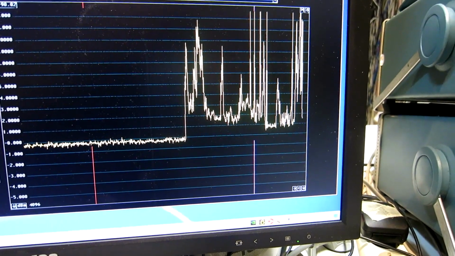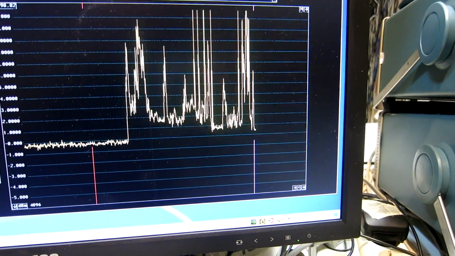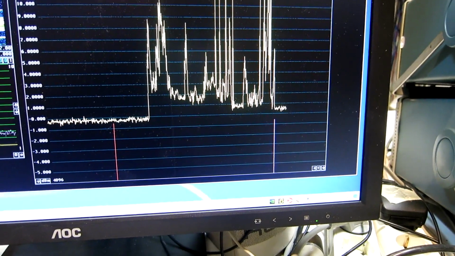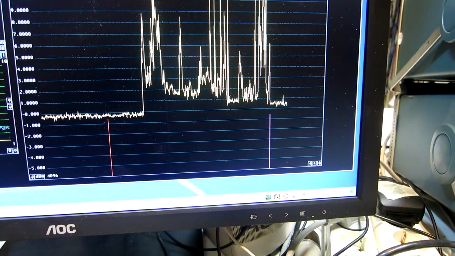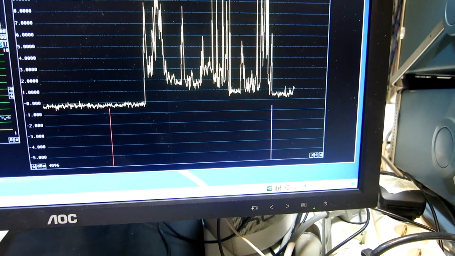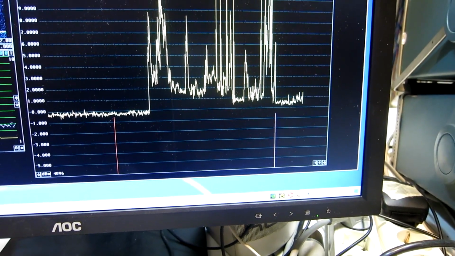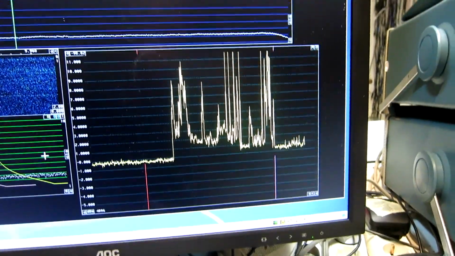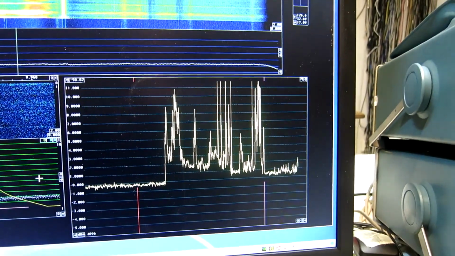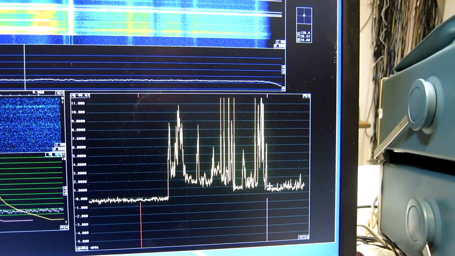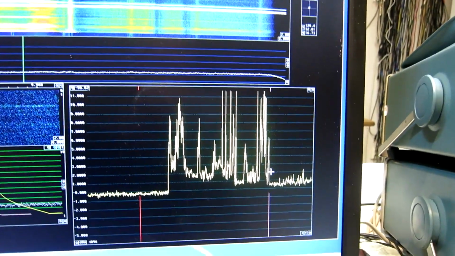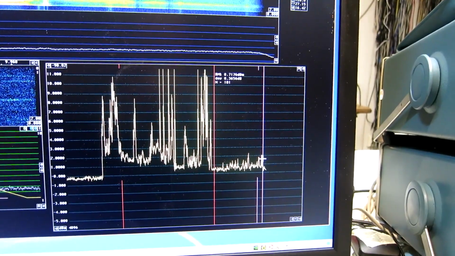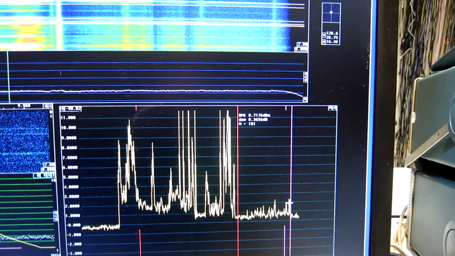Well, here it's fairly stable. So I read the noise floor. I have to wait until it moves like that. And I see 0.7 dB.